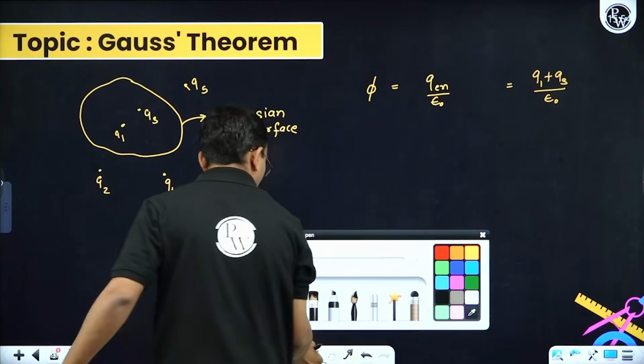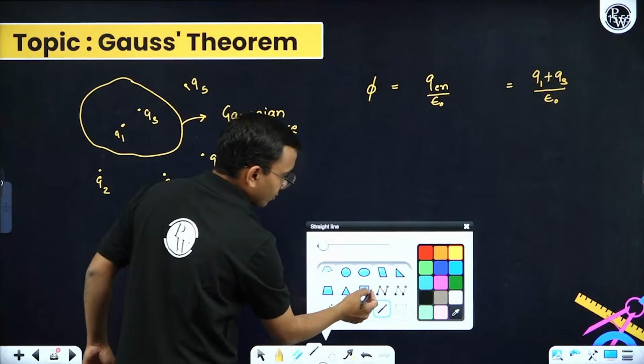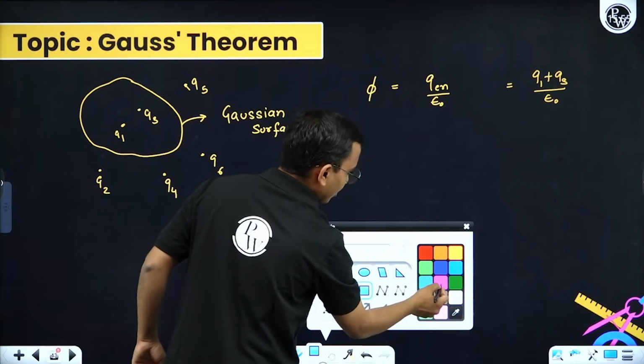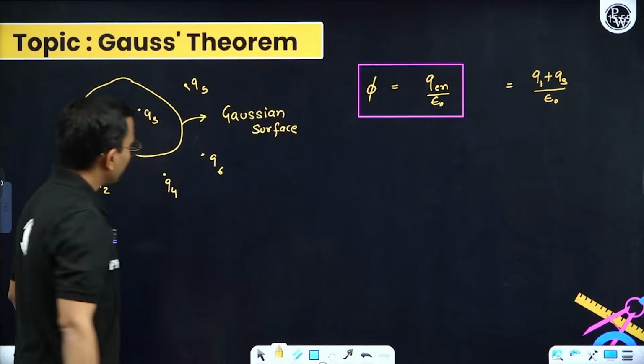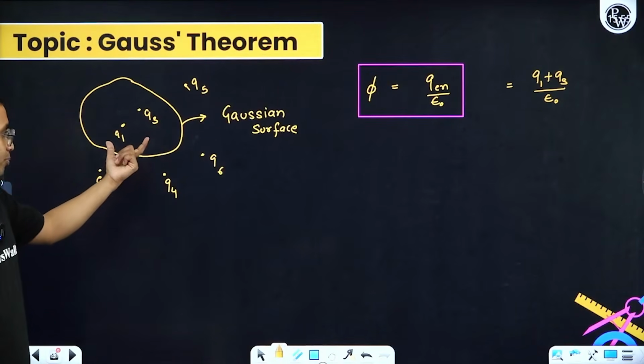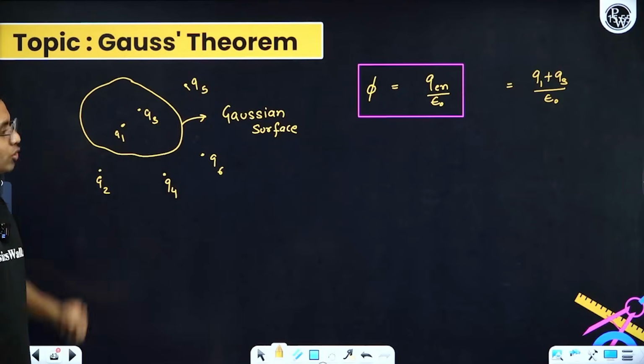This is my Gauss law. So charge enclosed is Q1 plus Q3. Now what about Q4, Q2, Q6 and Q5?